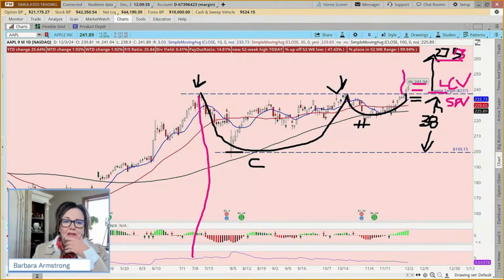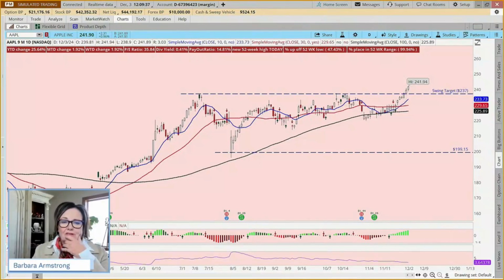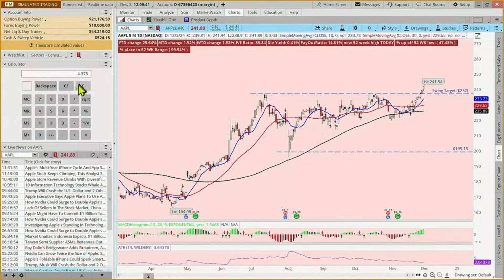So let me close out my drawing tool. I'm going to come to my calculator here and say, what is 237 times 0.97? So that's 229.89 is where we're going to put our stop.